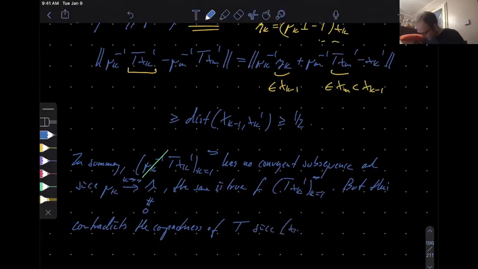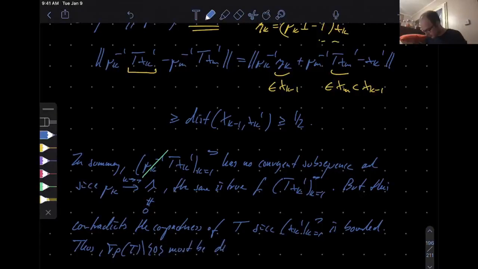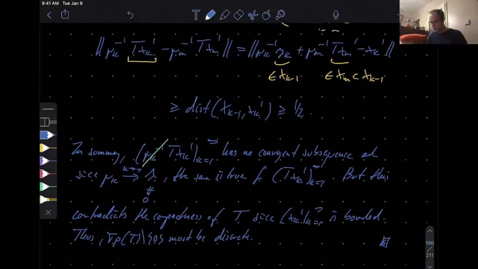So our assumption was false, and hence sigma_p(T) without 0 must be discrete. And that's the end of the proof of the Riesz-Schauder theorem.